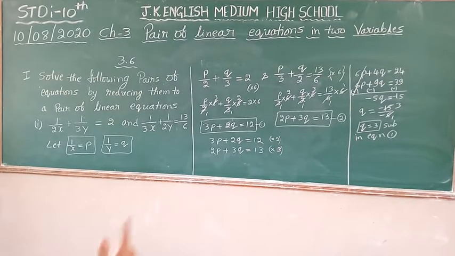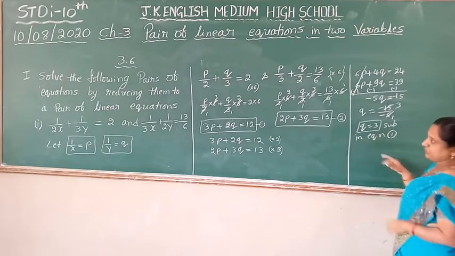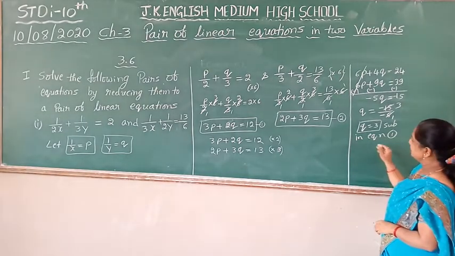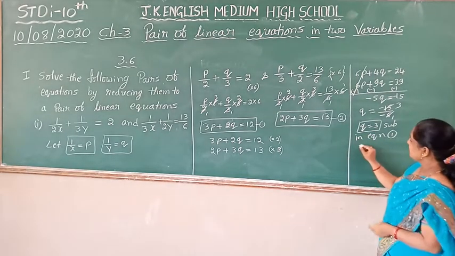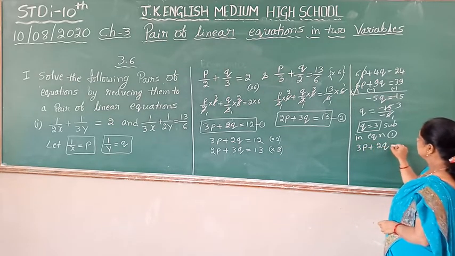Okay children, you got the q value 3. Substitute this q value 3 in equation 1 or equation 2. Substitute in equation 1, that is 3p plus 2q is equal to 12.